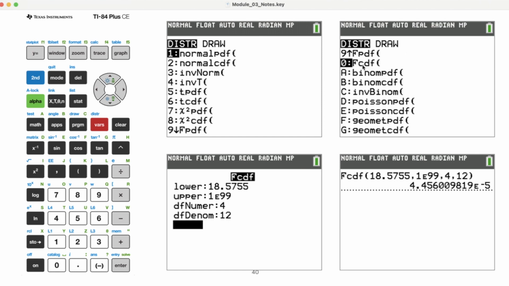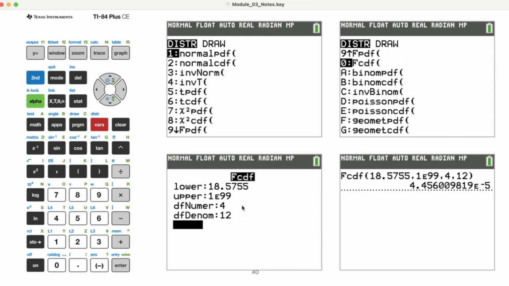When I select that by pressing the Enter key, it brings me to this wizard where I can enter the lower point and the upper point delineating the interval over which I want to calculate this probability. I also need to specify the numerator degrees of freedom and the denominator degrees of freedom.